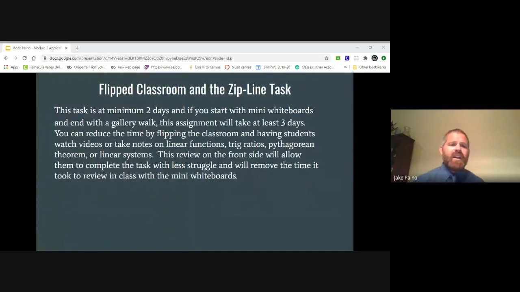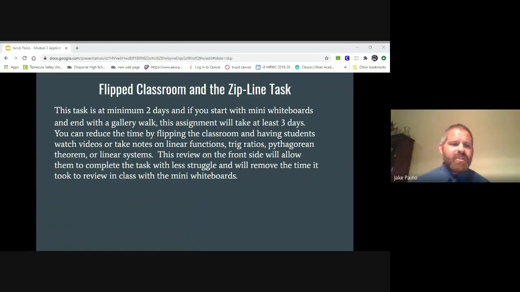For this one, I usually just stick with the mini whiteboards, but if time is an issue and you don't have time to do mini whiteboards in class, just flip it. Have them do the procedural stuff, review at home, give them a video on writing things in slope-intercept form or using the Pythagorean theorem to find distance.